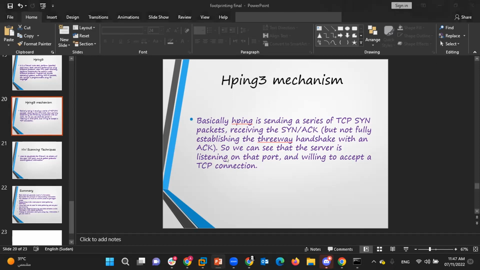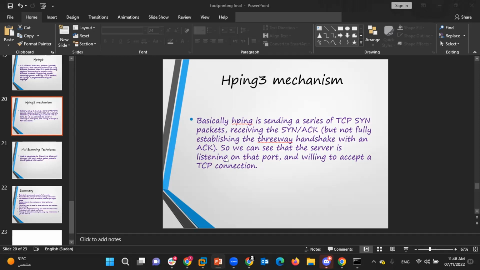Okay, HPing 3 mechanism. Basically, HPing is sending a series of TCP SYN packets. It's just TCP, not UDP.